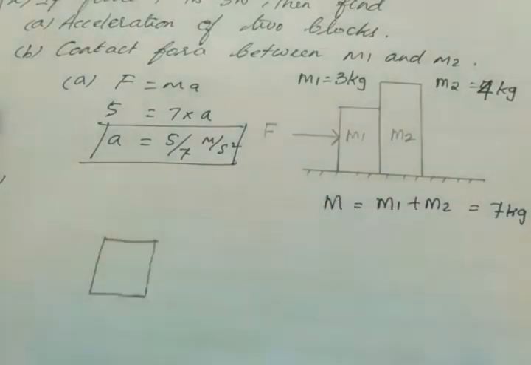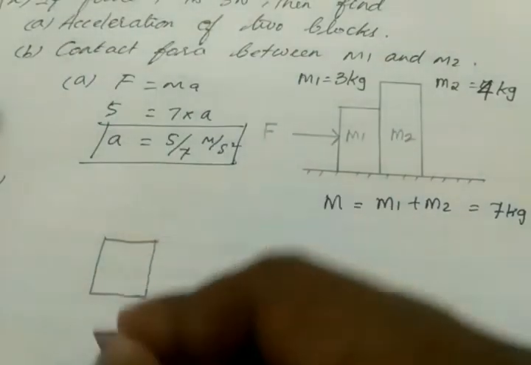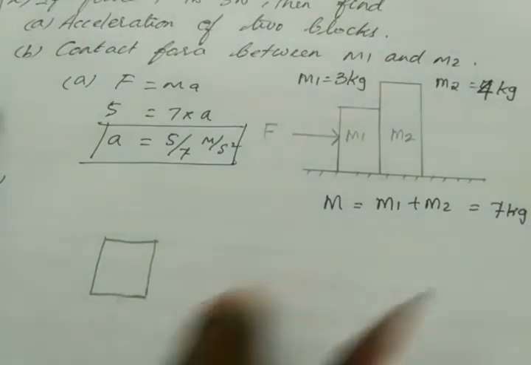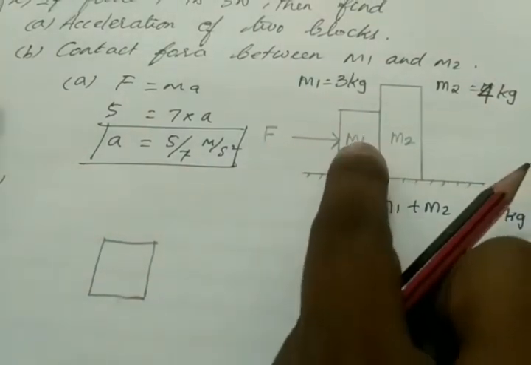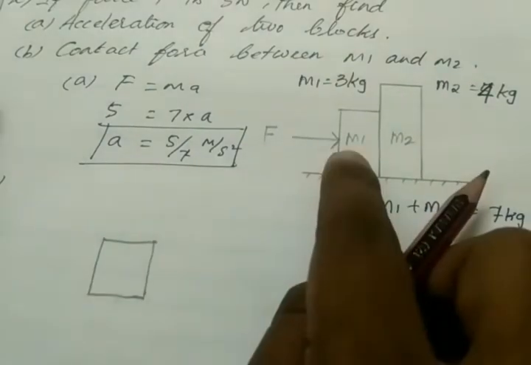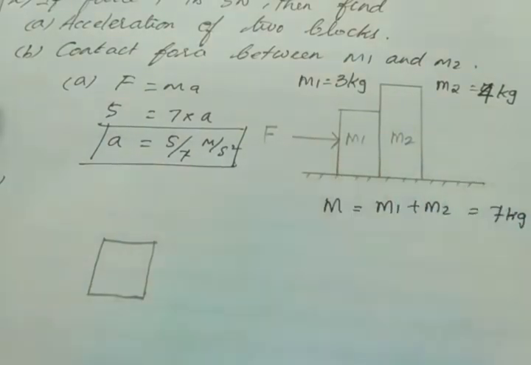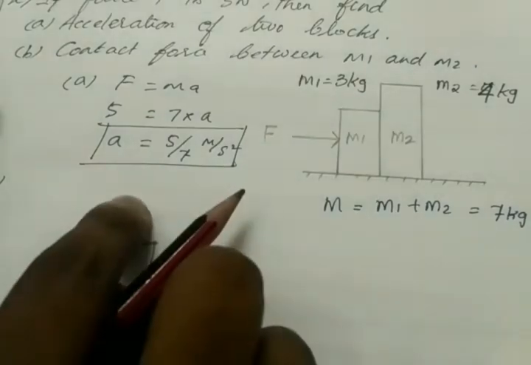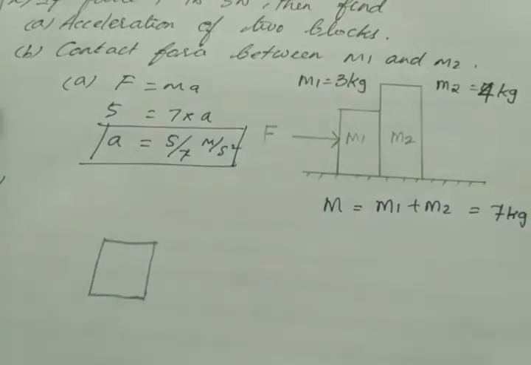So these two forces are in y direction. Just as we saw in the similar previous problem, the normal force provided by the surface on M1 and the weight force of M1 act in positive y-axis and negative y-axis, right?